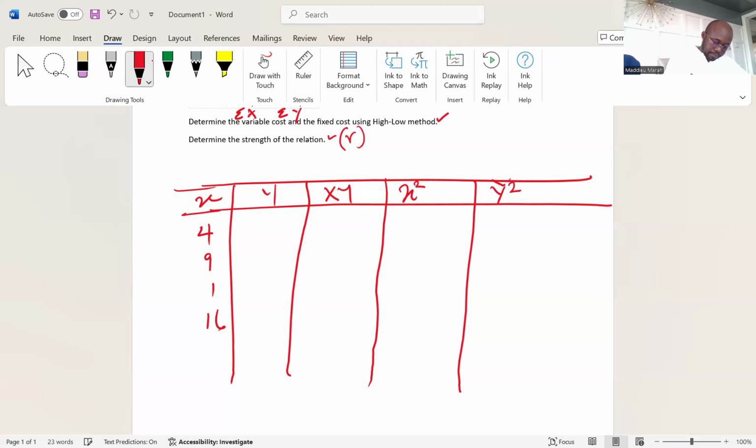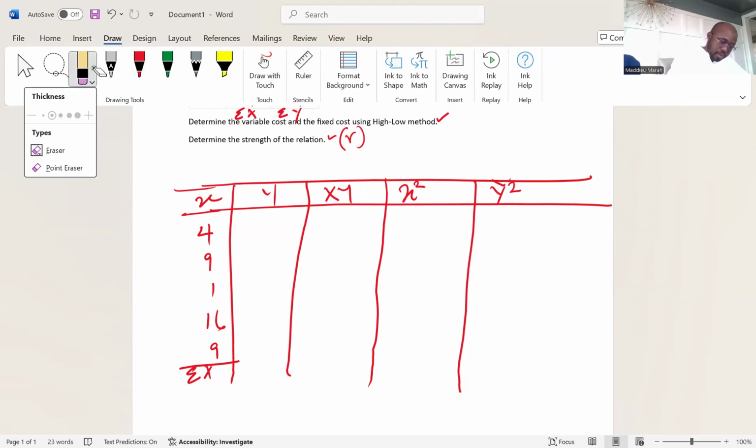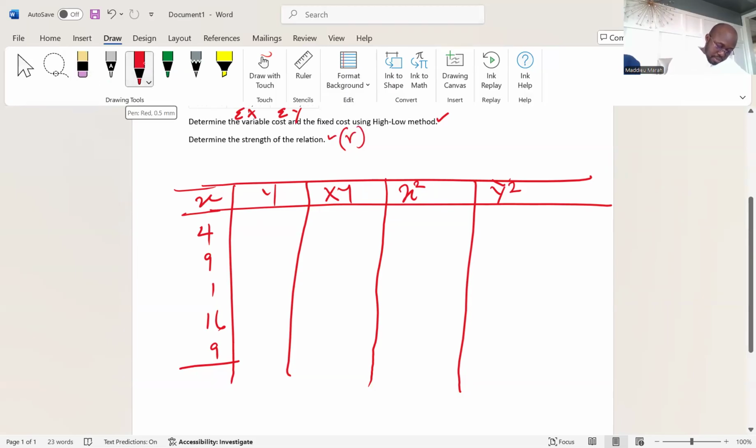Then 16 and 9. This answer here will give me the sum of x. And my sum of x, 4 plus 9 plus 1 plus 16 plus 9 is equal to 39. So this is my sum of x.